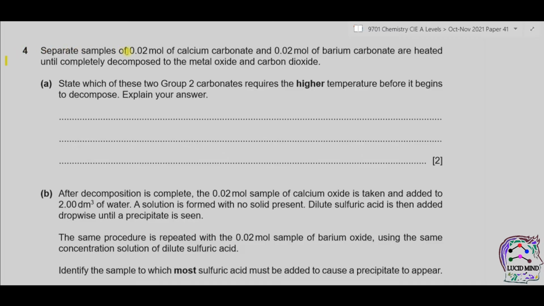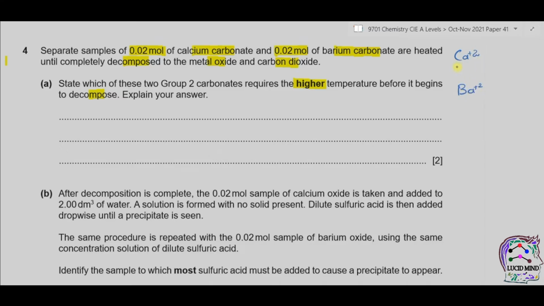Question 4. Separate samples of 0.02 moles of calcium carbonate and 0.02 moles of barium carbonate are heated until completely decomposed into metal oxide and carbon dioxide. State which of these two group 2 carbonates required the higher temperature before it begins to decompose. Explain your answer. We have calcium +2 and we have barium +2.